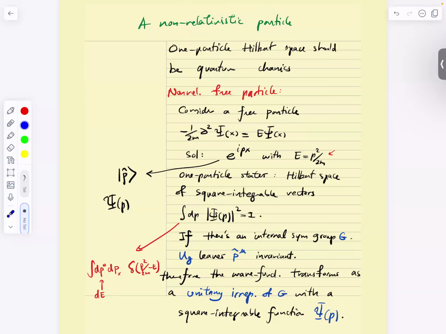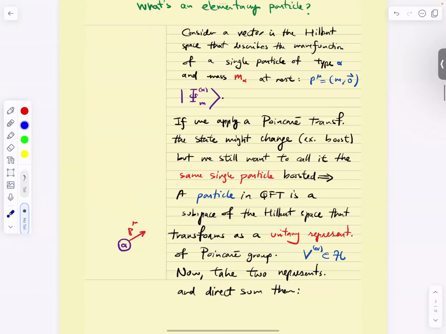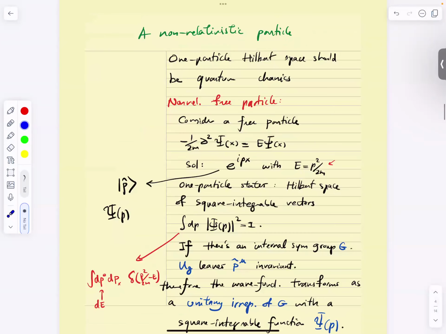Actually, I had a slightly different point here. How do I want to say this? Two things. I said before that a particle uses a representation of the Poincare group, keep that in mind. I'm going to introduce a separate notion that is familiar from solving the Schrodinger equation.